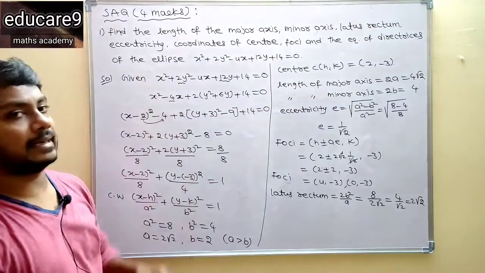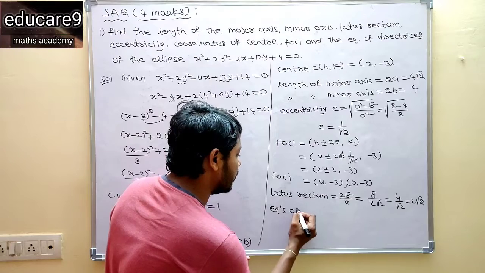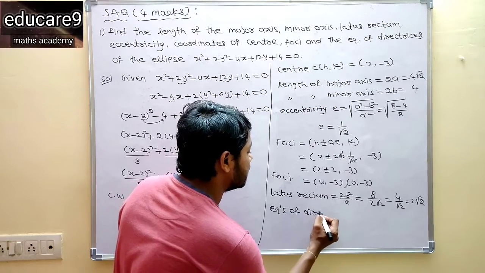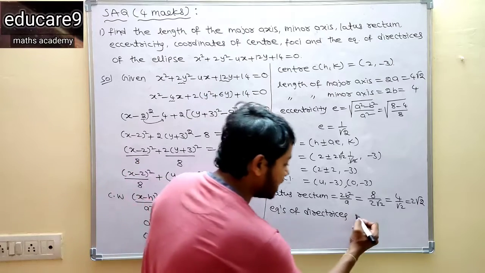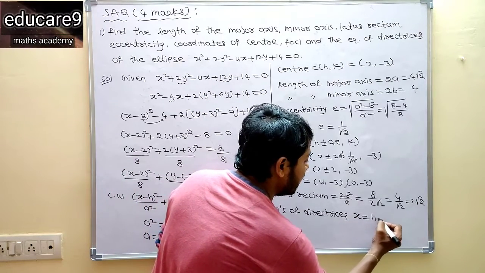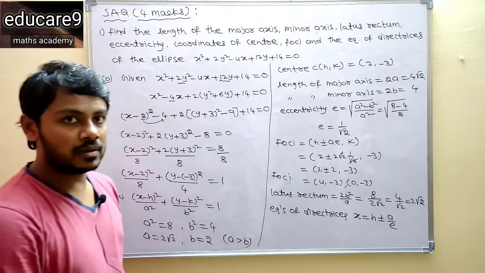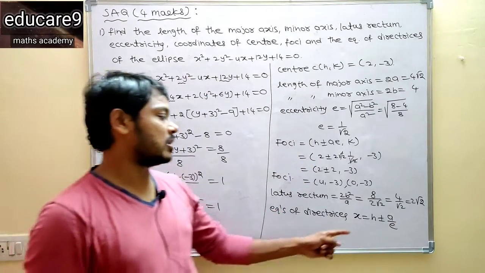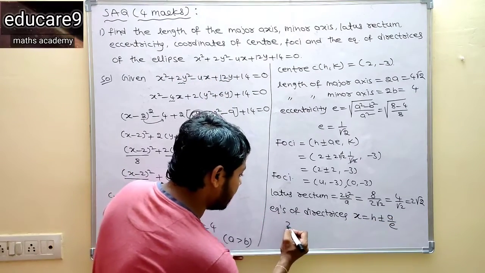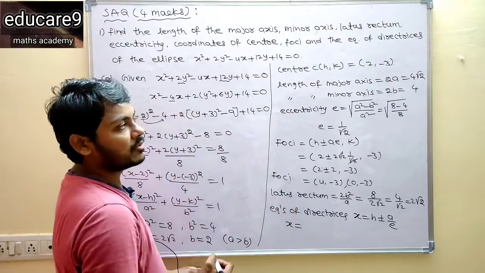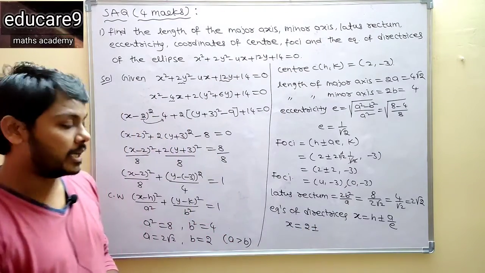Equation of directrix. See here, you know that the formula is x is equal to h plus or minus a by e. So you know the values of h, a, e. So substitute here, you will get x is equal to h value 2 plus or minus a by e.